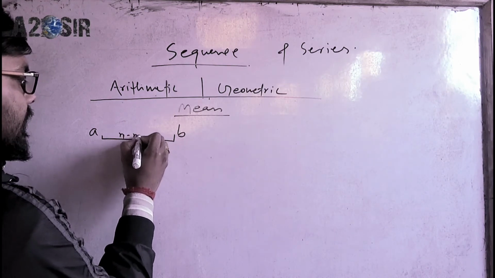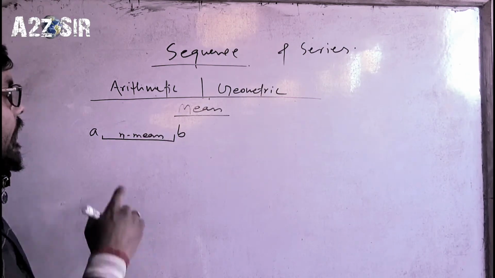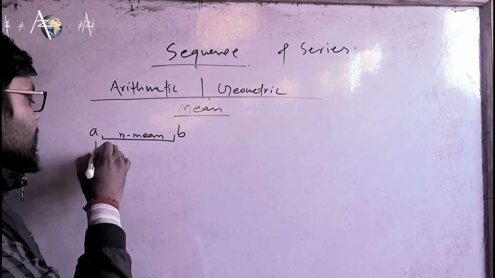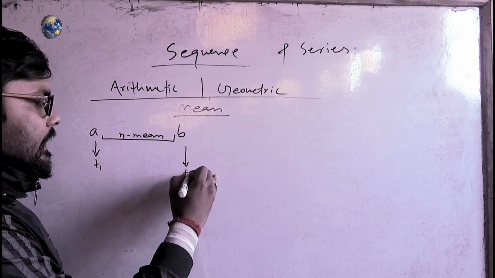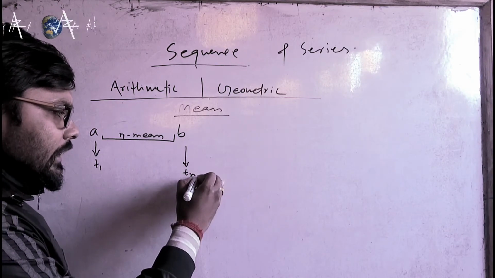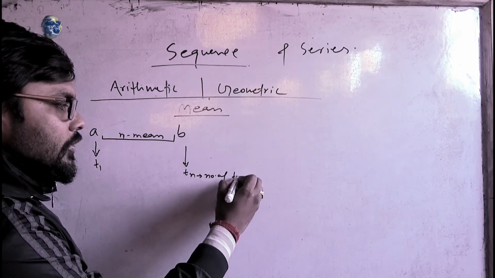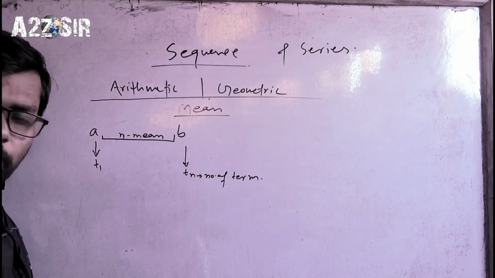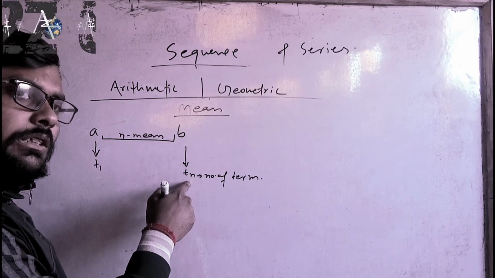n means between A and B. So if A and B are the first and last term, this one is the first term T1, this one is Tn. Here n means number of terms. So n becomes the number of terms, and this becomes T1 to Tn. So what is this n?